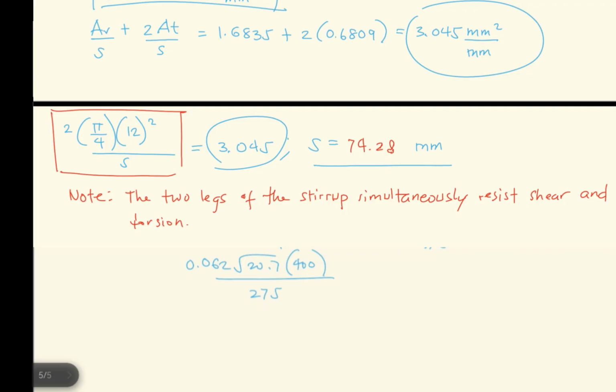This will give us 0.410 mm squared divided by mm, whereas 0.35 times 400 divided by 275 will give us 0.509 mm squared per mm.